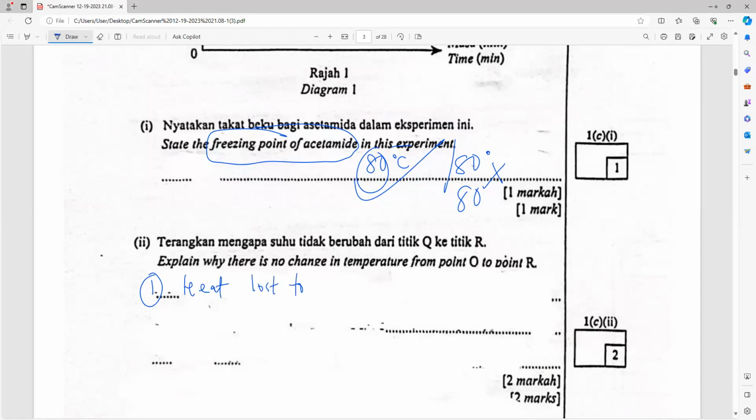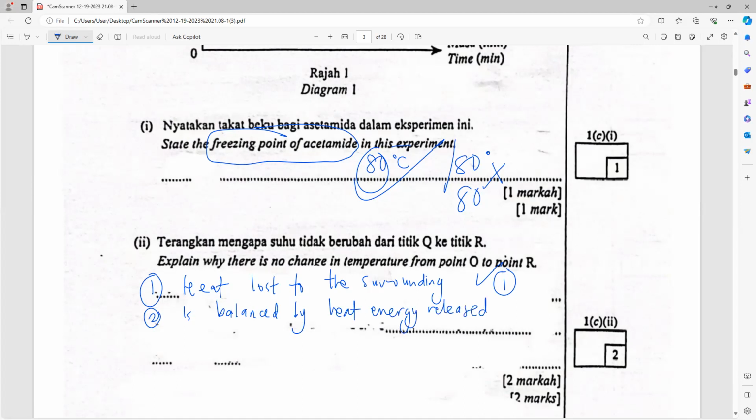Even your answer, heat loss to the surrounding, 1 mark already. Second mark: if you didn't put the word exactly, it's fine, it is balanced by the heat energy liberated, energy released. So can we put liberated too? Can. When particles attract one another, attract each other to form solid.